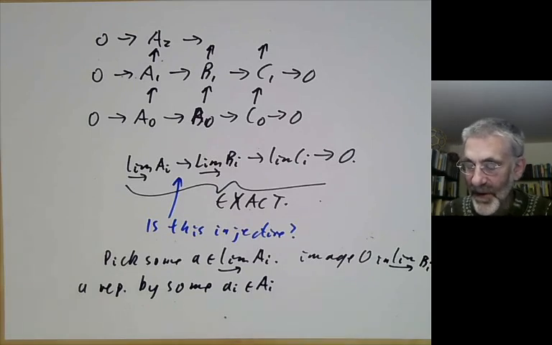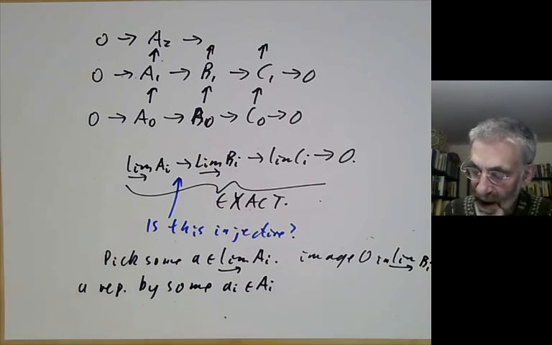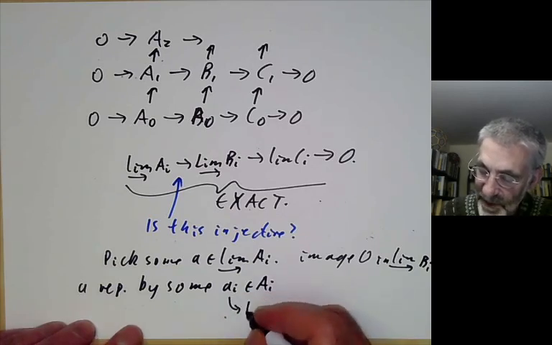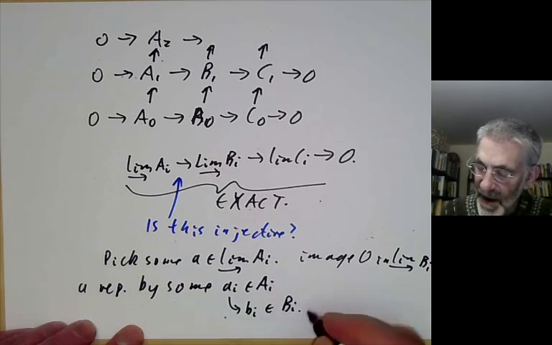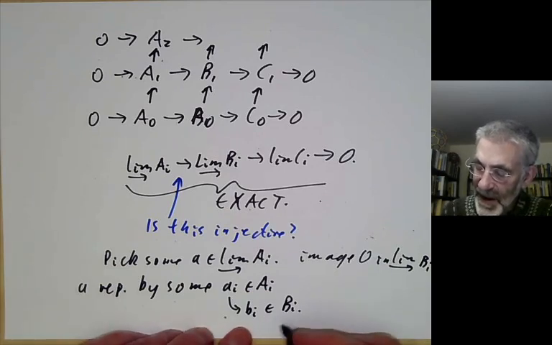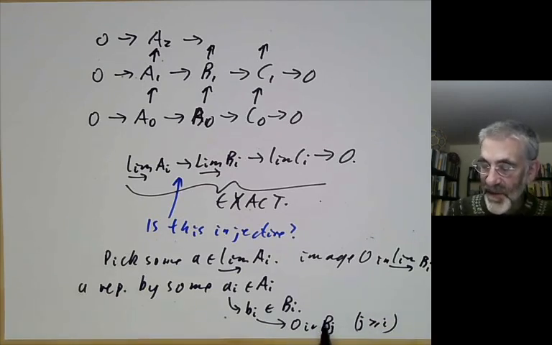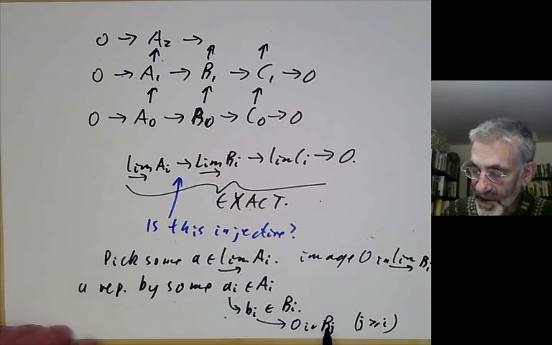This is a property of direct limits over directed sets. And let's look at the image in BI, so it maps to some BI in BI, and this has to be 0 in the direct limit. So this must map to 0 in BJ for some j greater than or equal to I, because that's the condition for something to be 0 in the direct limit.